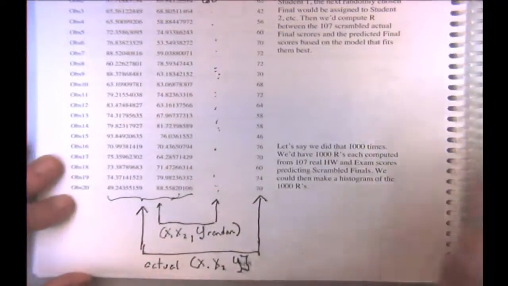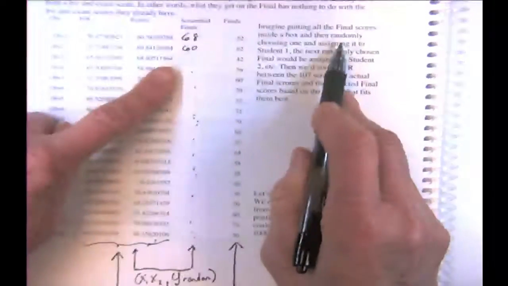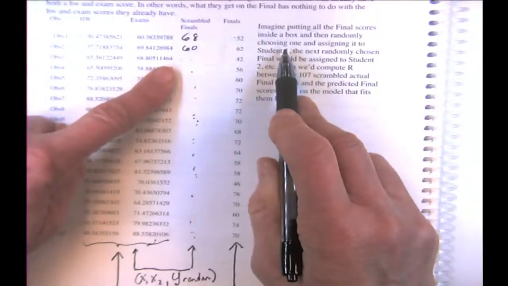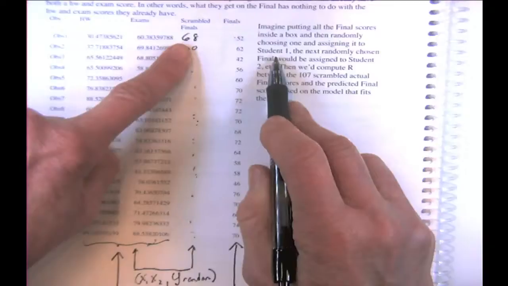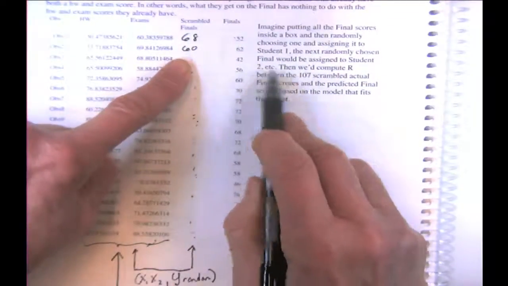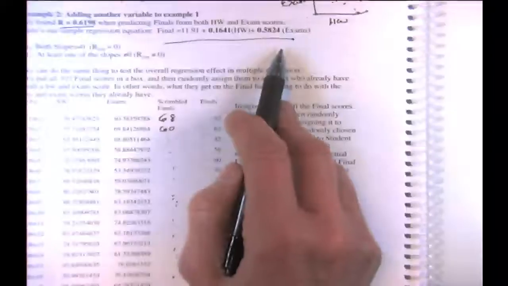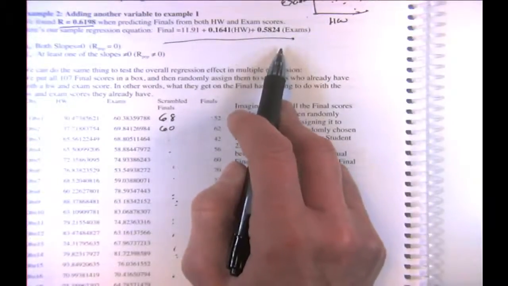So, imagine putting all the final scores inside a box. That's what we just did. And then randomly choosing one and assigning it to student one. Then randomly choosing the next final, and that would be assigned to student 2, etc. Then we'd get a new regression equation here that would make predictions, right?